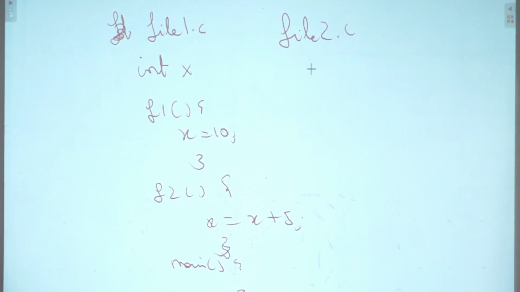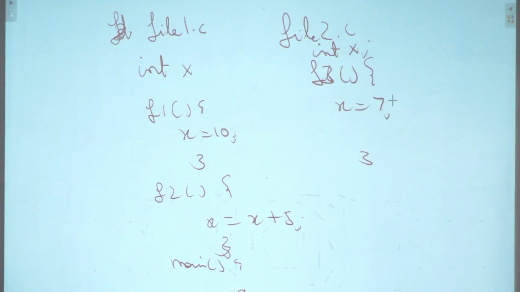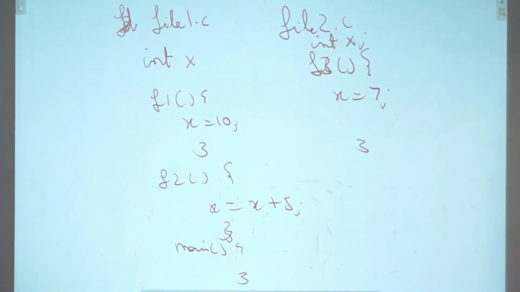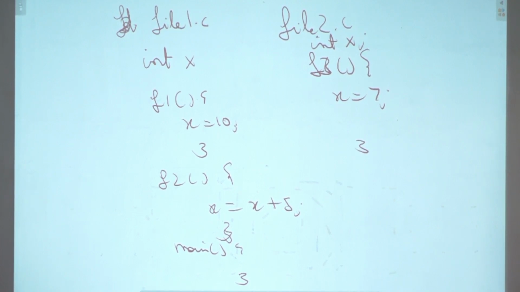Now, if I have here a function f3, and it also has int x for some reason, and x equal to 7. Now, there is bound to be again confusion. Do you agree it is a situation very similar to the previous situation?